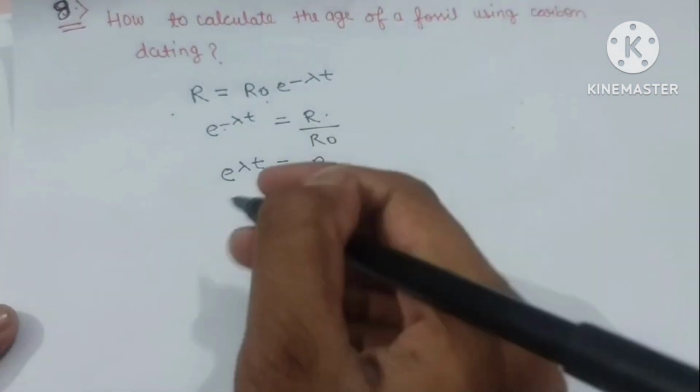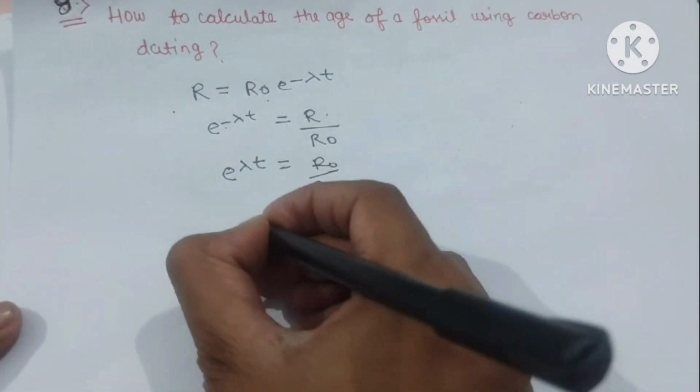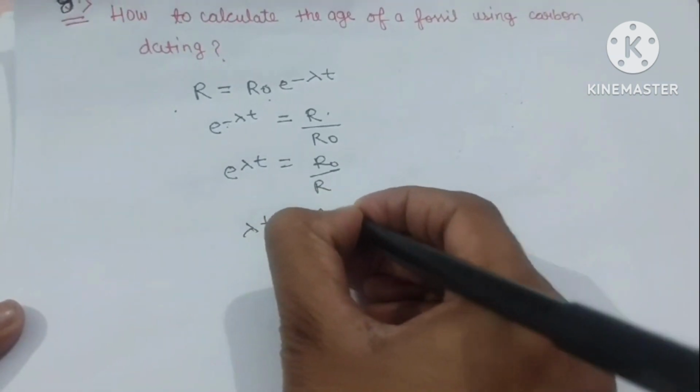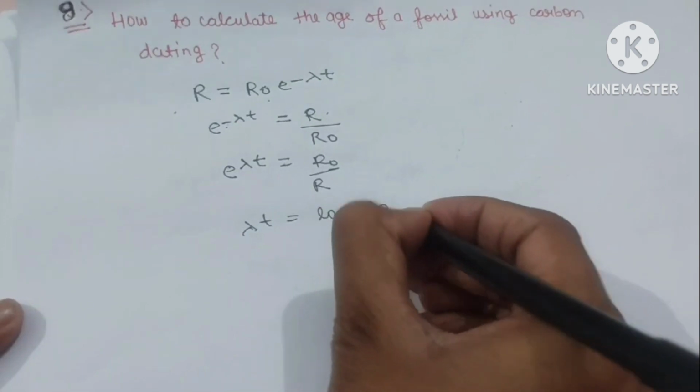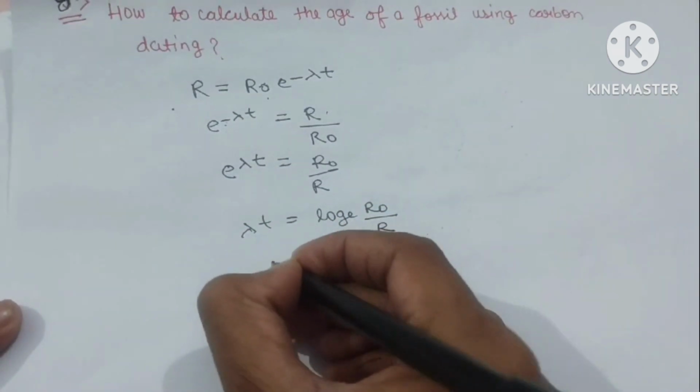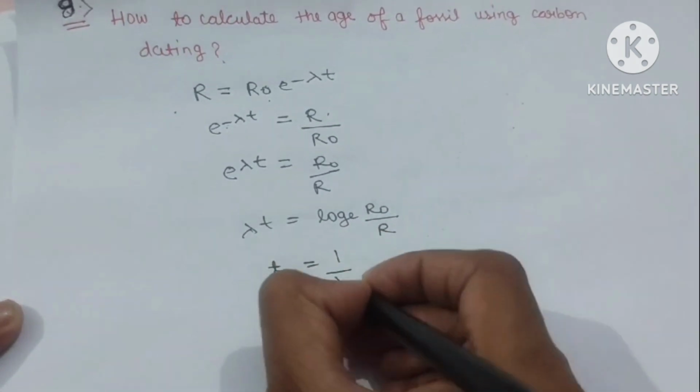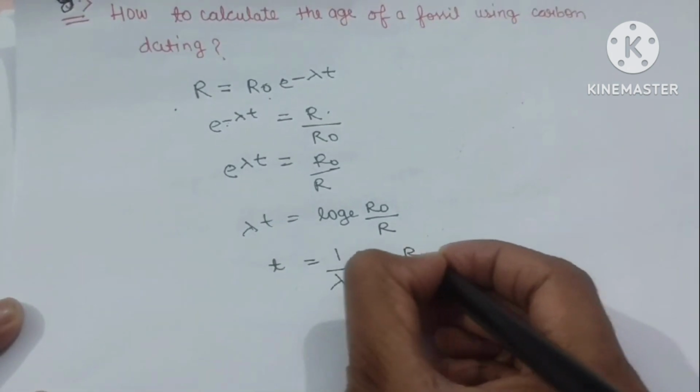Now we'll take the logarithm to both sides, so lambda t equal to log e, e is the base, R naught by R.